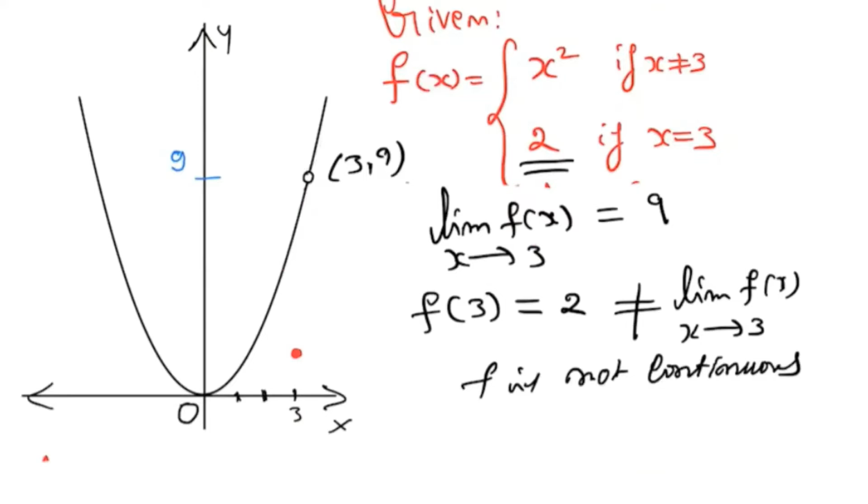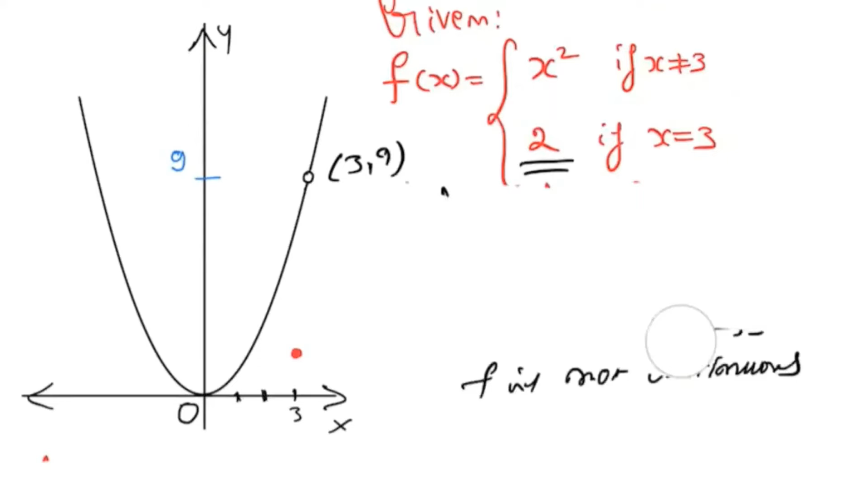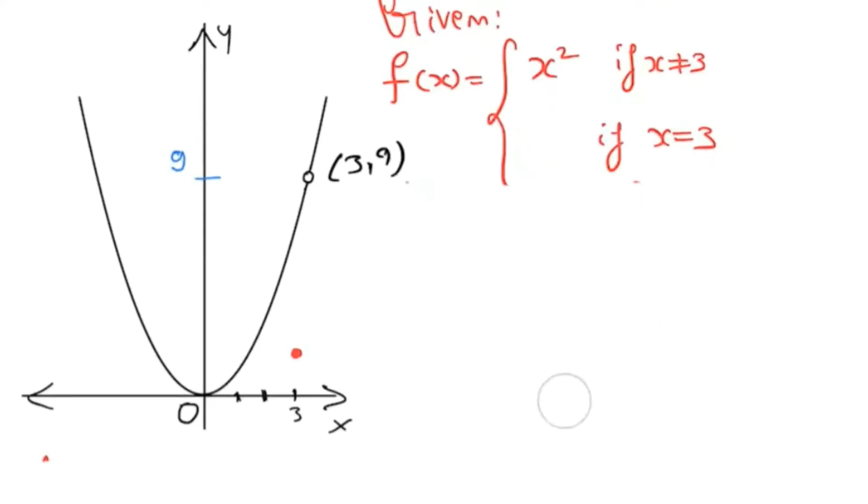Now, in order to make this function continuous, let us redefine this function. Say f of x equal to 9 if x equal to 3. Then you get the point on the curve corresponding to that, so there won't be any break on the curve.